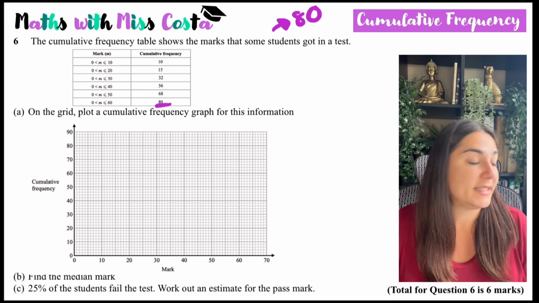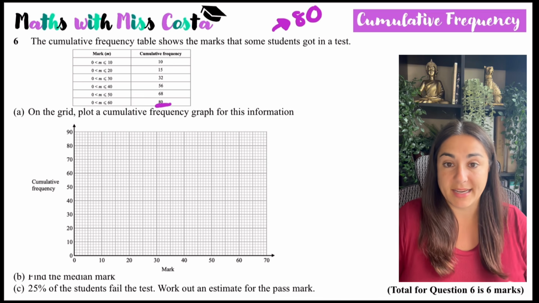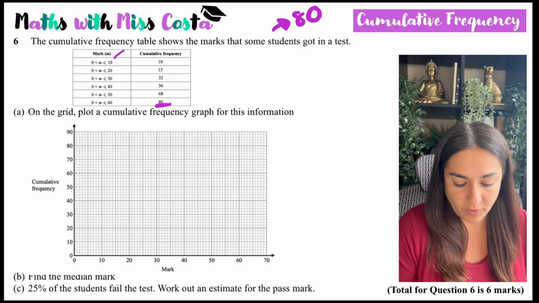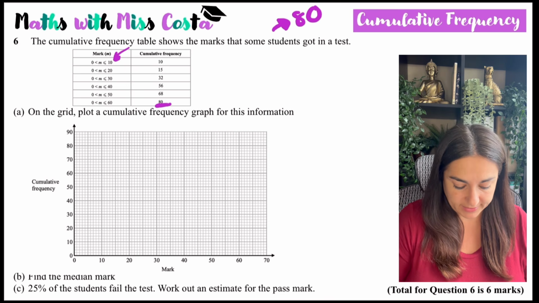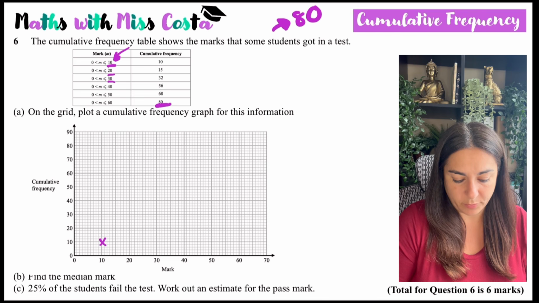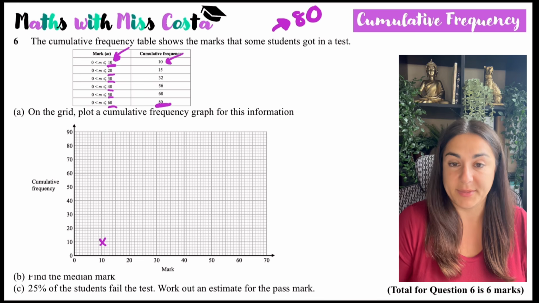Now, unlike the frequency polygon where you plot against the midpoint, in a cumulative frequency graph, you plot against the end point. So for the first coordinate, it's going to be at 10, 10, because you plot the x value as the end point of the class interval, and then the y value is the cumulative frequency.